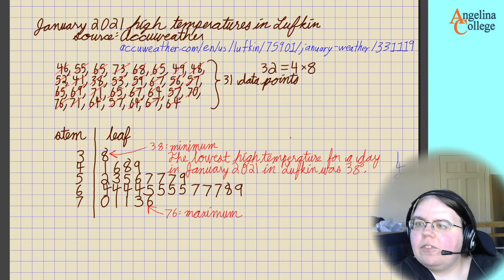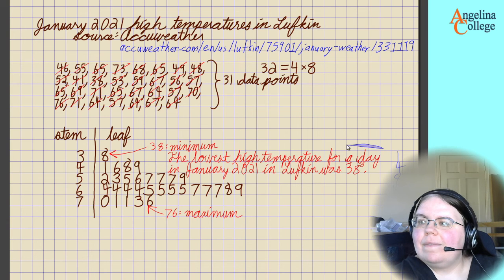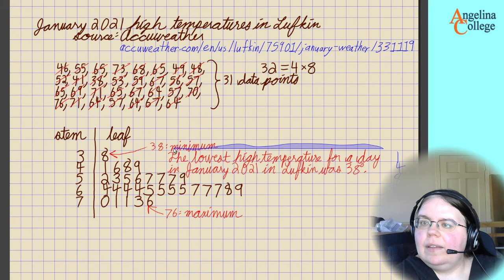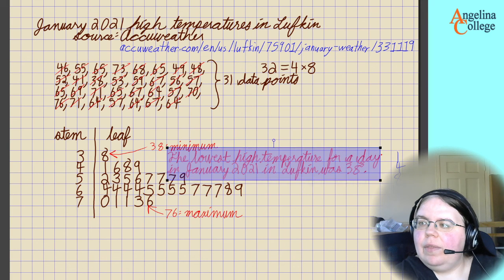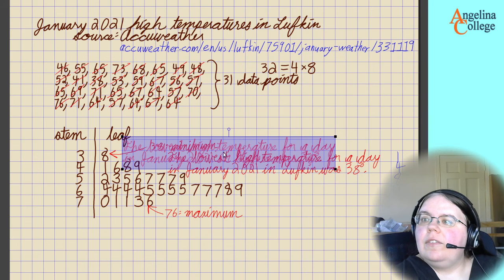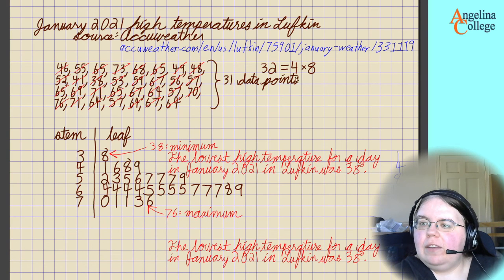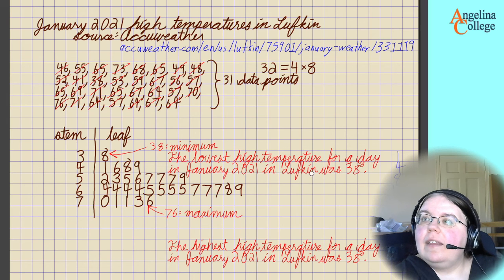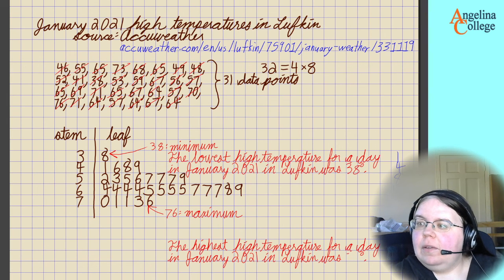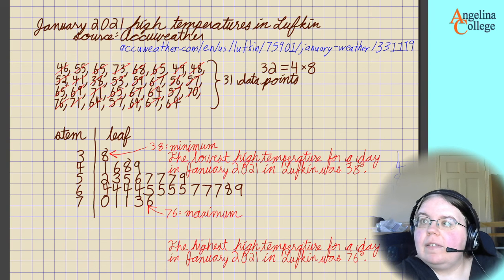Let me try that again. Okay, you have to go all the way under. So I'm going to copy that and edit what's changing, because it's a maximum instead of a minimum. So that'll be the highest high temperature for a day in January 2021 in Lufkin was, and we have to change the number to 76 degrees.